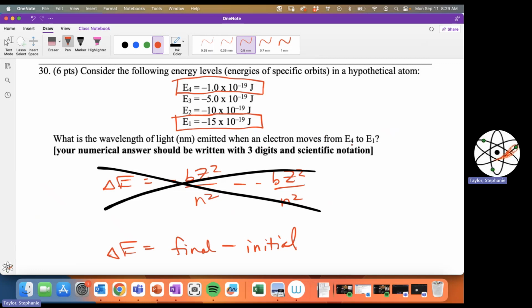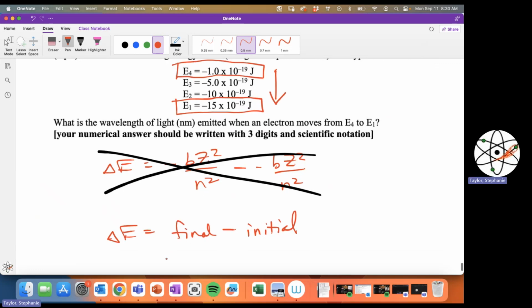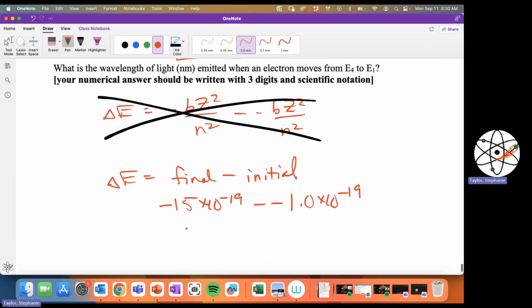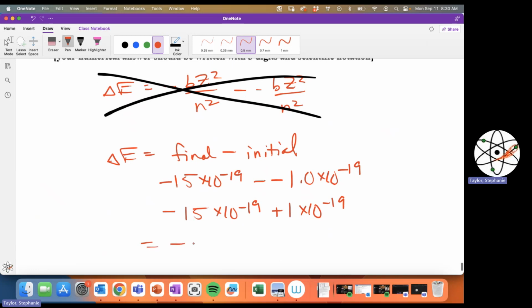This says I move from E4 to E1, so I'm going from here down to there. So my final minus initial is negative 15 times 10 to the negative 19th minus negative 1 times 10 to the negative 19. These are all in joules. So that's negative 15 times 10 to the negative 19 plus 1 times 10 to the negative 19, which should be equal to negative 14 times 10 to the negative 19.